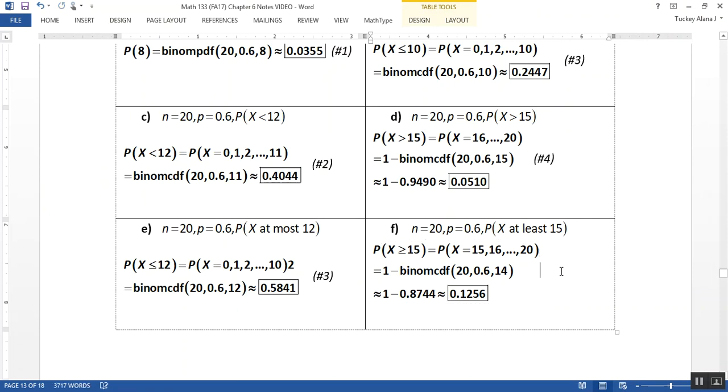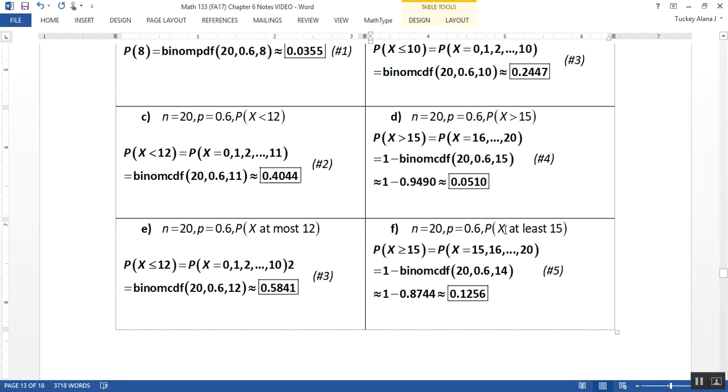But I left letter D and letter F very similar to each other on purpose because I wanted you to see the difference between those two. Letter D, excuse me, I'm typing wrong. Letter D is greater than 15. So that means I stop the adding at 15 and I subtract from 1.